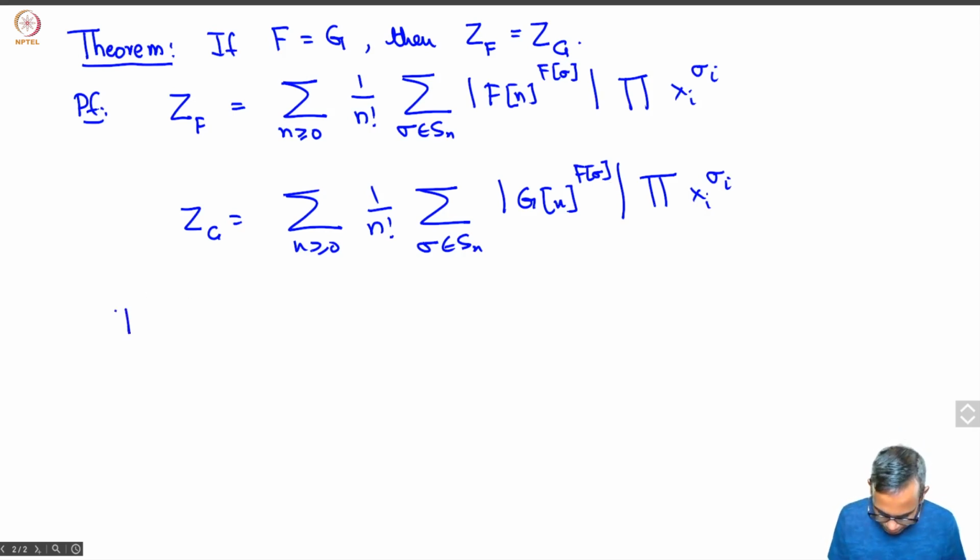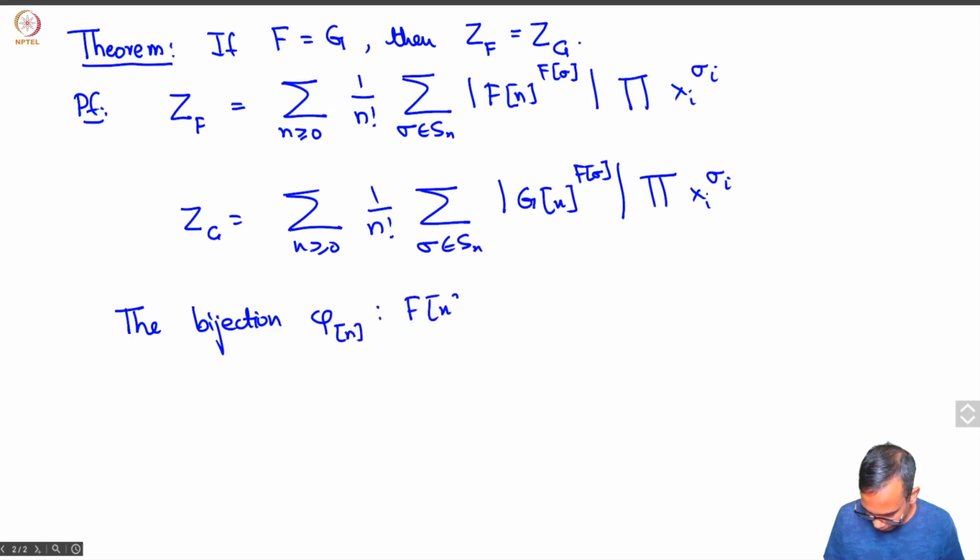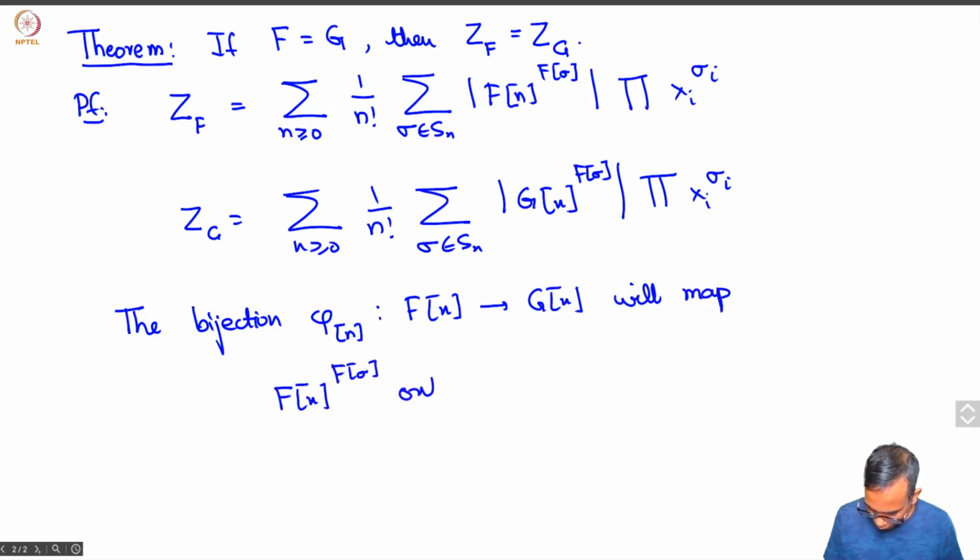The bijection phi n, so this is going to be from Fn to Gn, will map the Fn F sigma fixed points onto Gn.